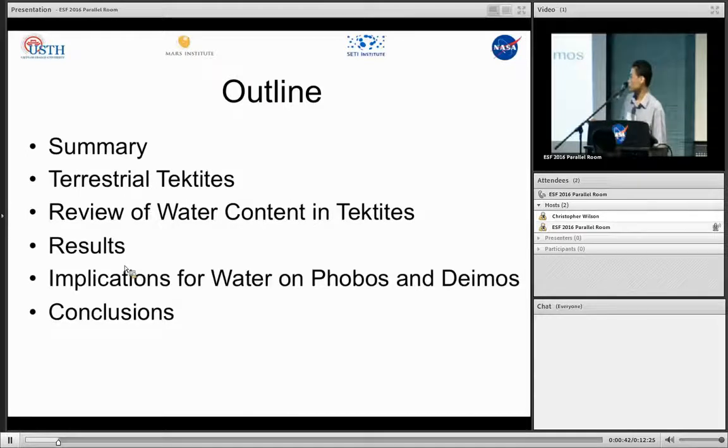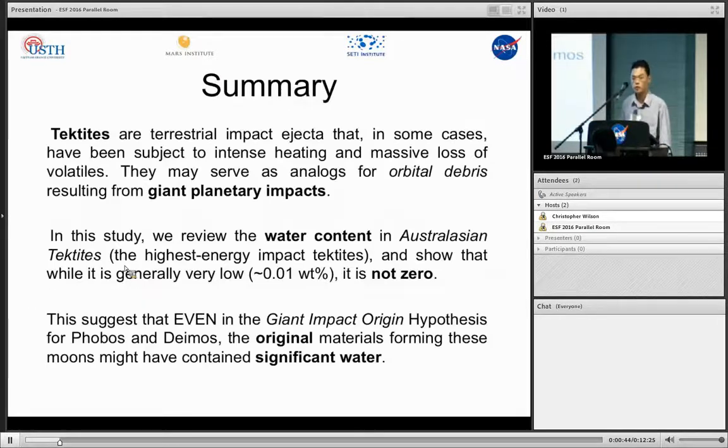In summary, tektites are terrestrial impact ejecta that in some cases have been subject to intense heating and massive loss of water, and they may serve as analogs for orbital debris resulting from giant planetary impacts.